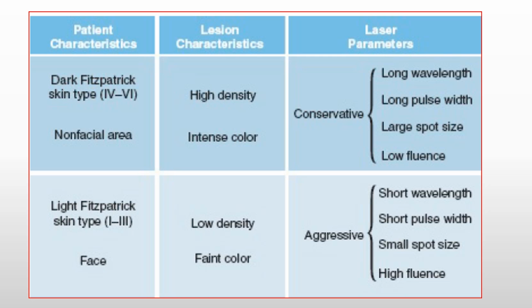Patients with darker skin types, and lesions on non-facial areas with high density and intense color, should be treated more conservatively, with long wavelength, long pulse width, and large spot size with low fluence, whereas lighter skin and face with low density and faint color can be treated with aggressive laser parameters, as shown here, with a short wavelength, short pulse width, and small spot size with a high fluence.